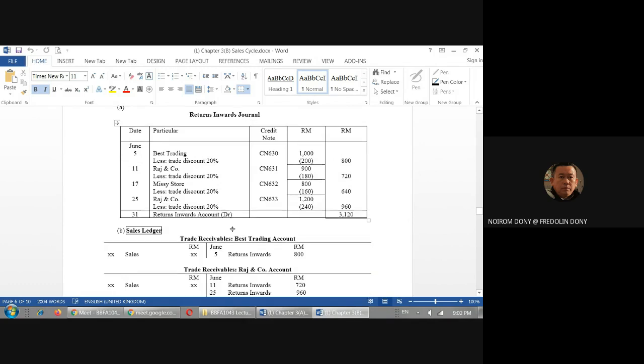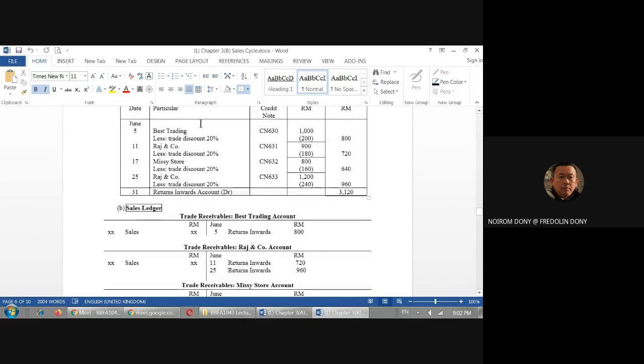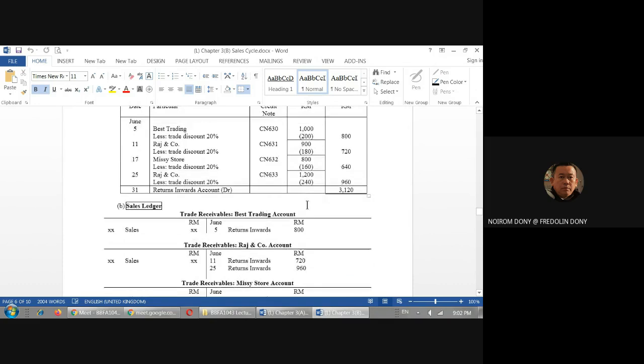Now in the sales ledger, open up all these individual trade receivables: Best Trading, Raj and Company, Missy Store, and this one we already opened, so we just combine them. Raj and Company. Now, record the first step.